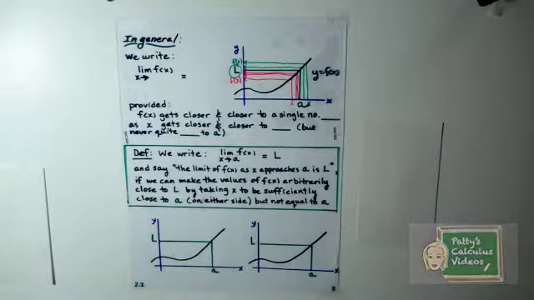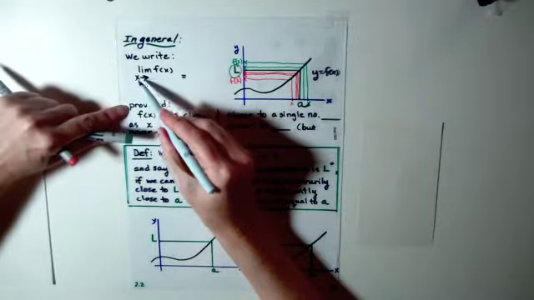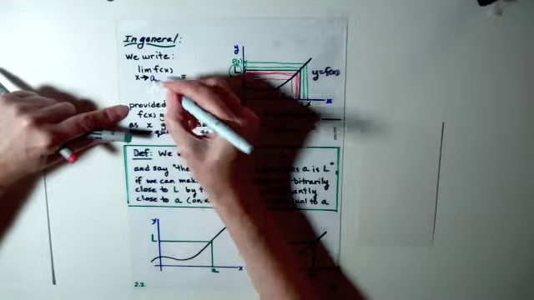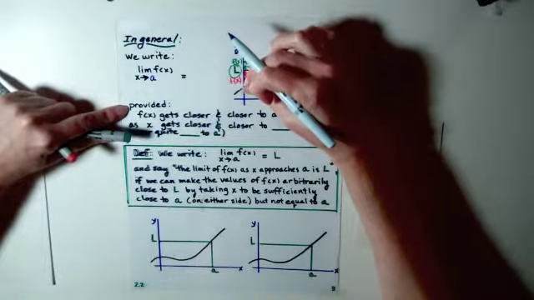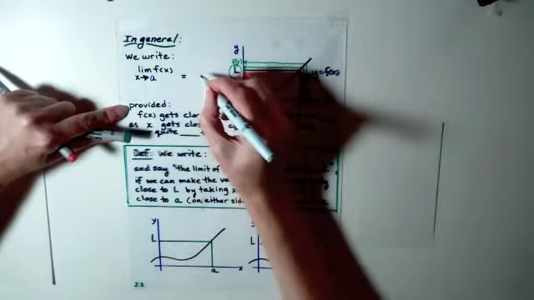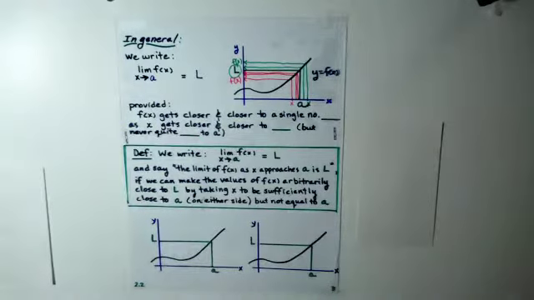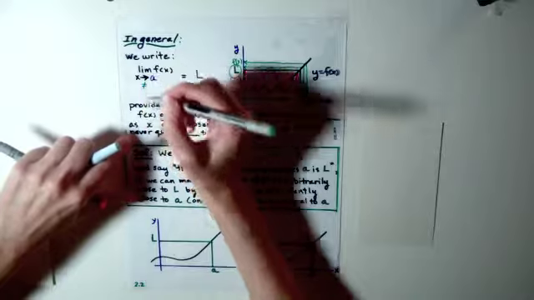How would I write that if I wanted to write it in symbols? We would say the limit as x approaches a of f of x is equal to, that's the number that they are collecting closer and closer to. So we say the limit is equal to the number L. And remember that if you want to, you can add that little not equal symbol underneath the arrow.